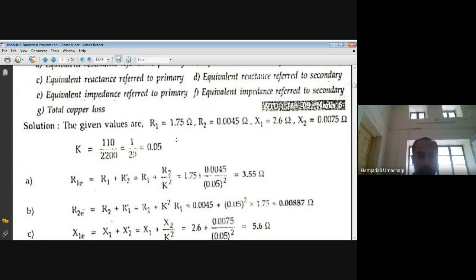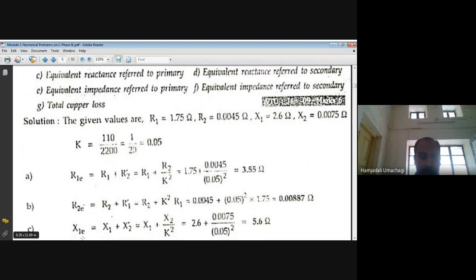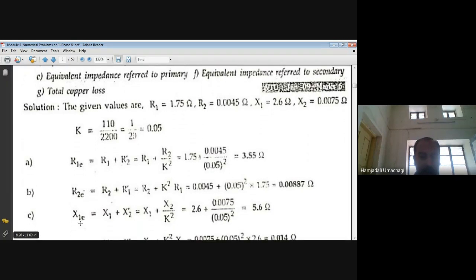Then the third value, we should calculate equivalent reactance referred to primary side. How we calculated for resistance, similarly you can calculate for reactance also. So equivalent reactance referred to primary side means X1E. X1E is equal to X1 plus X2 dash. X1 as it is; X2 dash means we are moving secondary reactance to the primary side, the backward direction, so X2 dash will be X2 by K square.